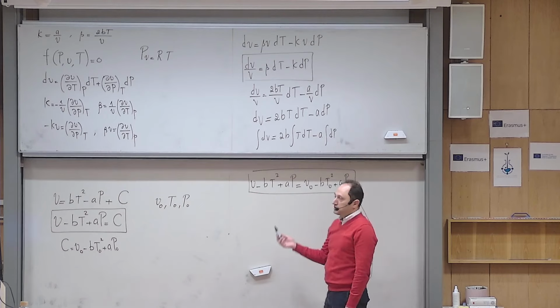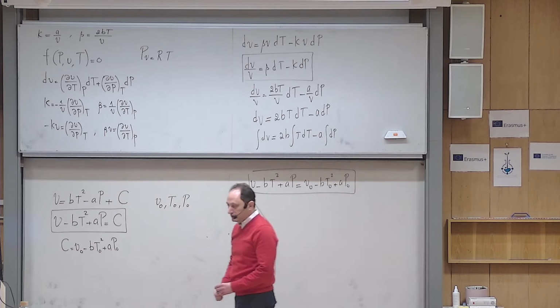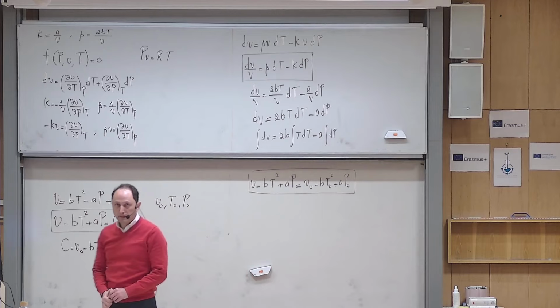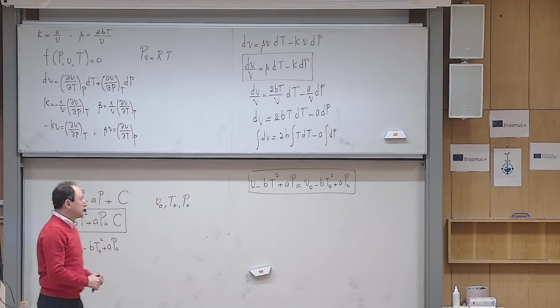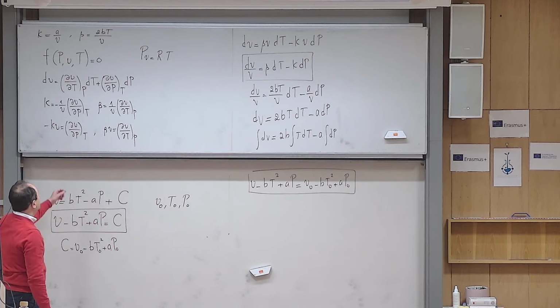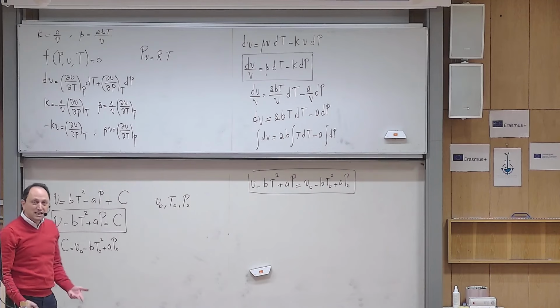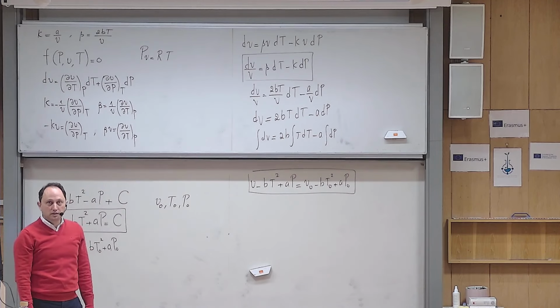So that is a very nice problem because the mathematics involved was fairly simple. The only thing that I want you to understand in this problem is why we are interested in knowing beta and kappa in the first place. The simple answer is that they will help us to find the equation of state for the system under investigation.